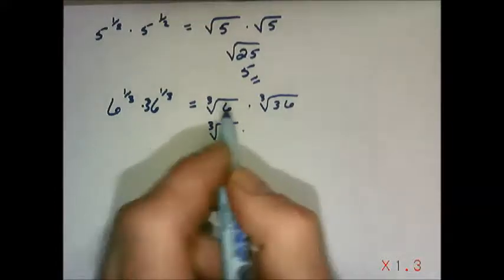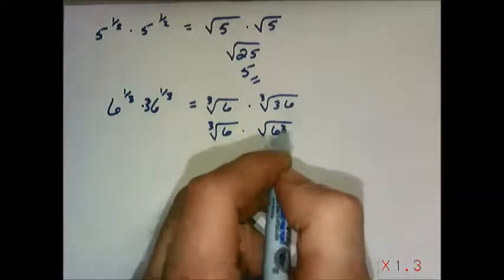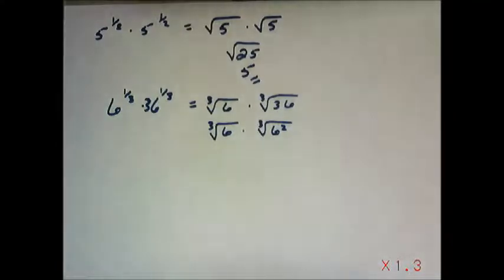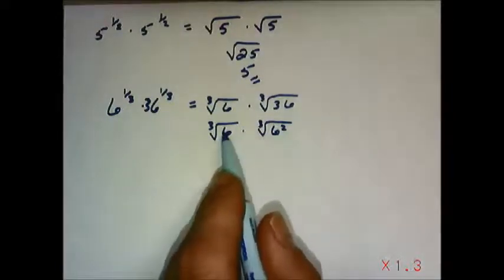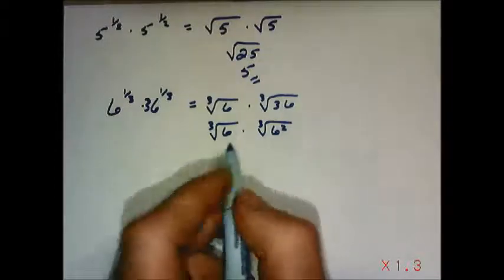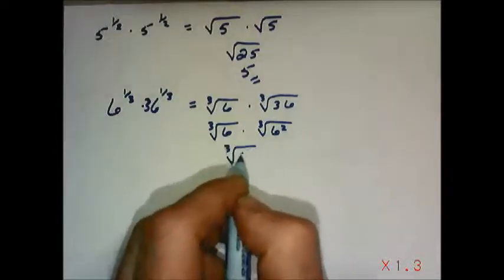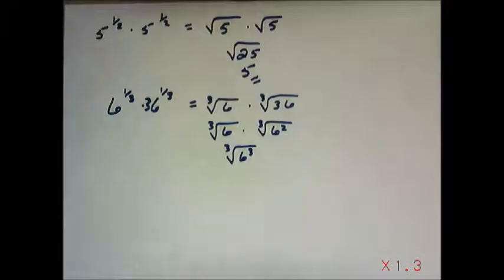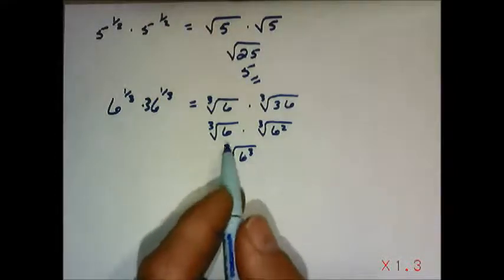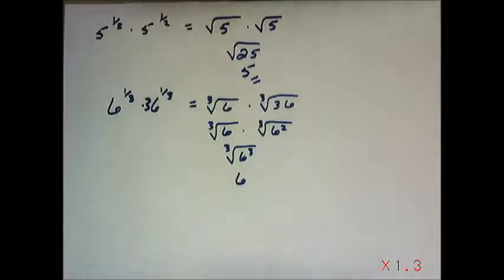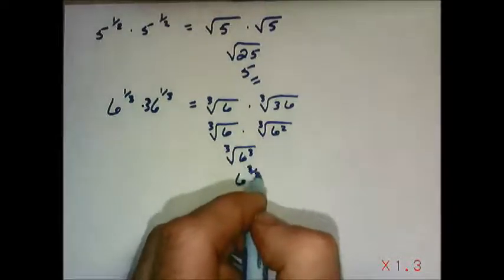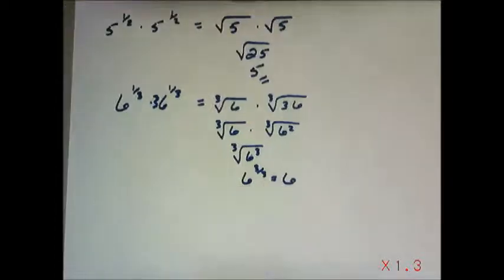If I think about 36 as being 6 squared, I'm going to have the third root of 6 times 6 squared. Now if I multiply 6 and 6 squared, I'll end up with the third root of 6 to the third. And 6 to the third, if I take the third root of that, I'm going to end up with just 6 to the 3/3, which is 6 to the first.